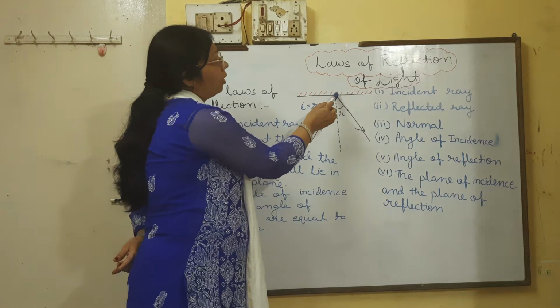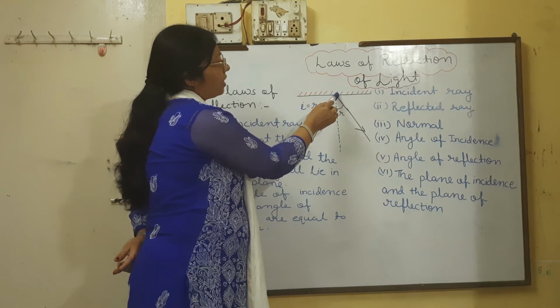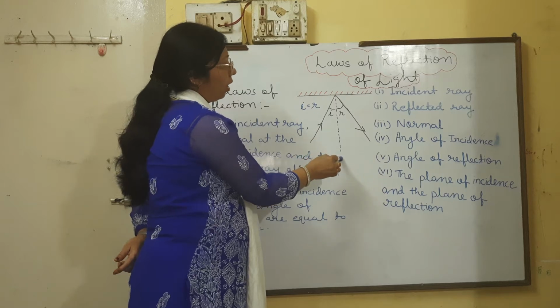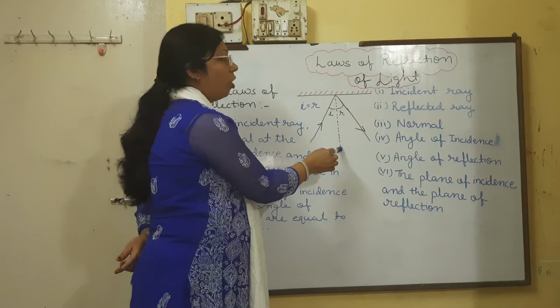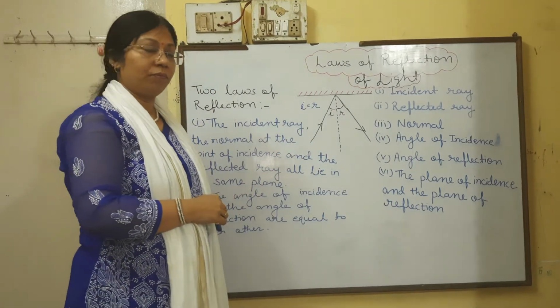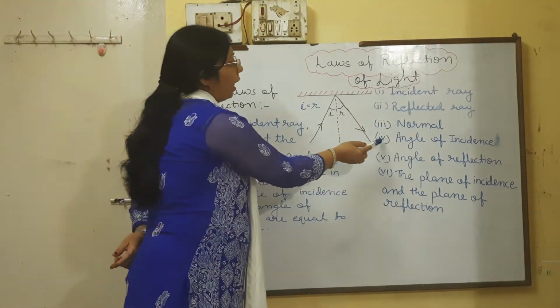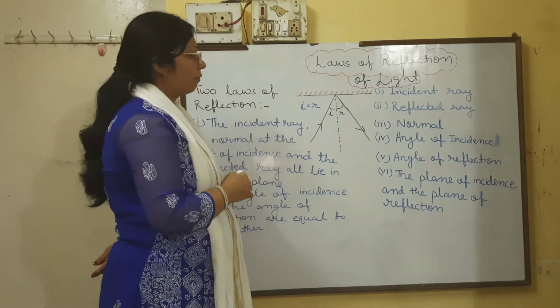And at the point of incidence, if we make a perpendicular line, then it is known as the normal.